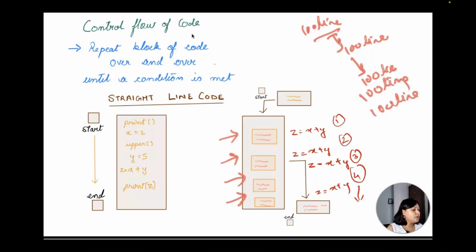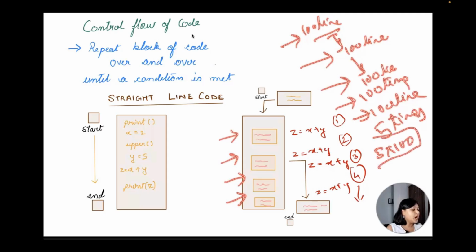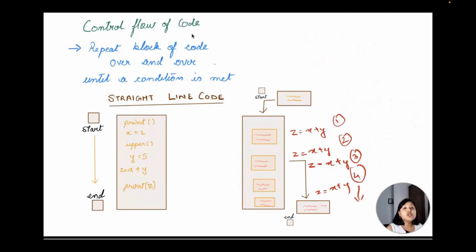So this will be first, second, third, fourth, and fifth. Like 5 times I am writing the same code, so it means 5 into 100. So the code length will increase a lot if we are repeating the code.